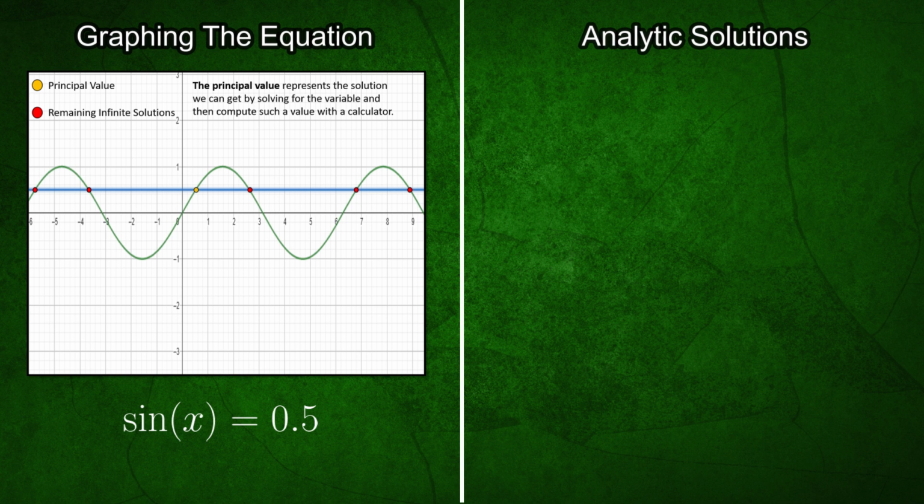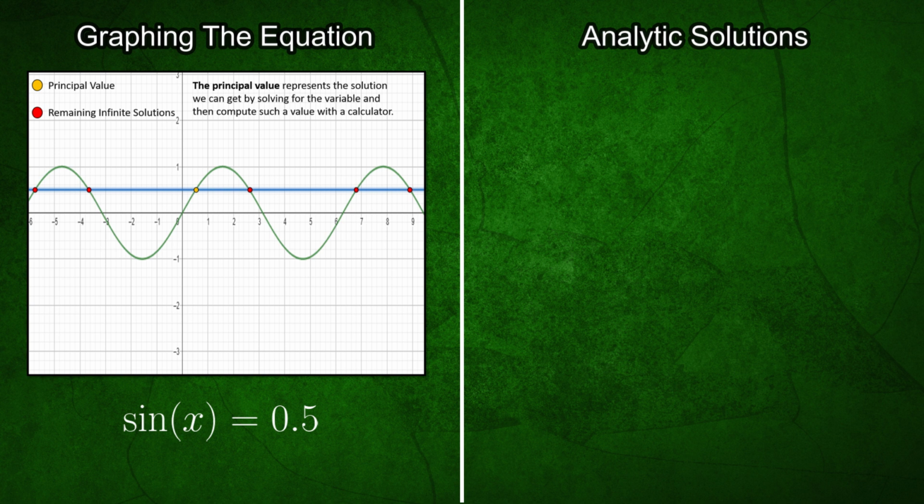As you can notice, there are several points of intersection between this horizontal line and the function y equals sine of x. As a matter of fact, there is an infinite amount of points of intersection between these two graphs. Let us find the coordinates of all of these points of intersection.